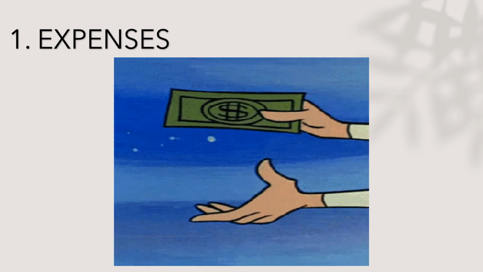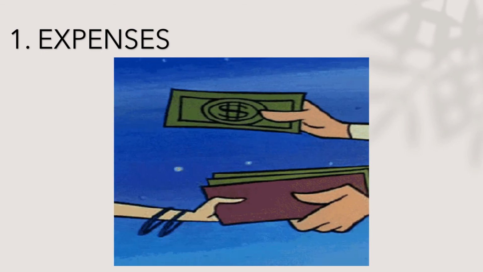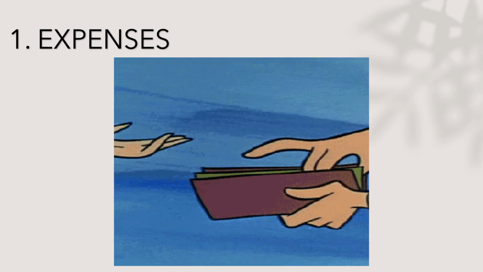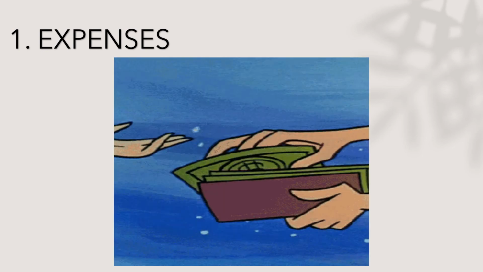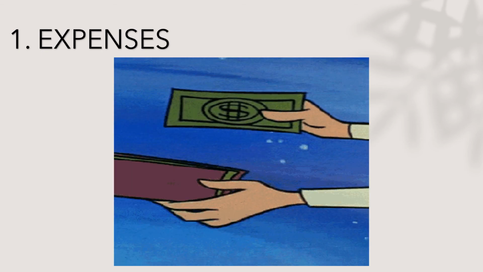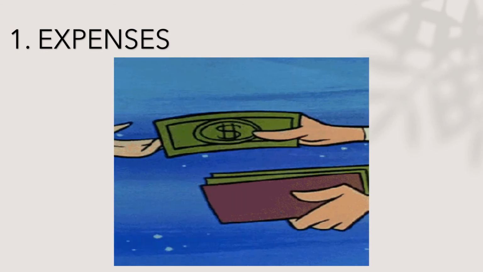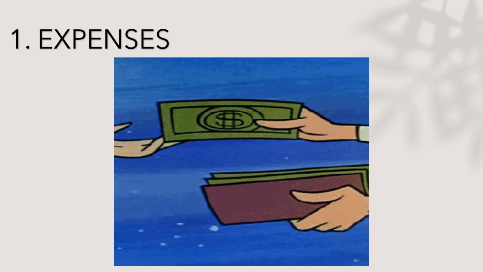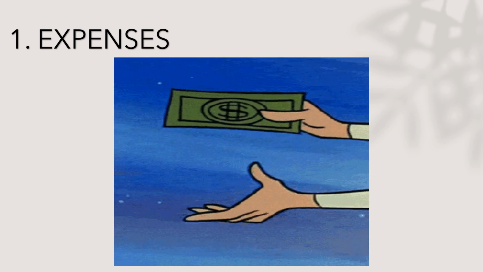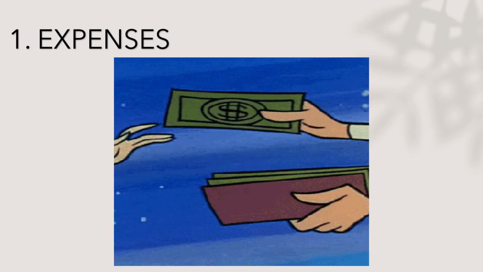Why do we need to understand our expenses? Why is it important that expenses should be included in our budget? Expenses refer to the way our family spends, or you spend, in a month.